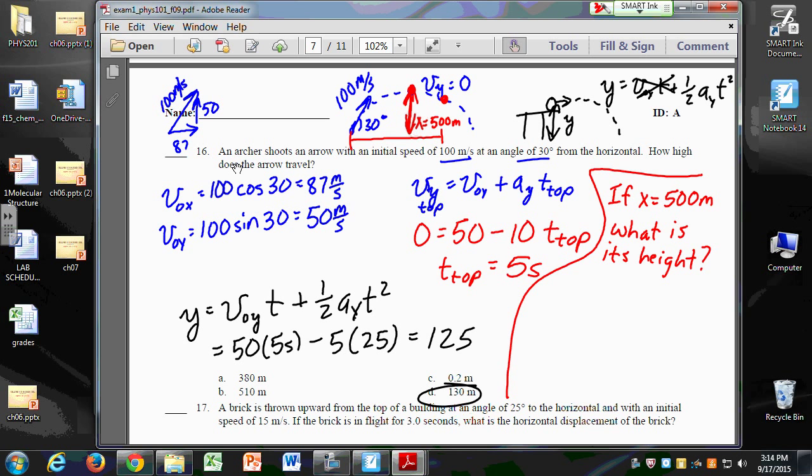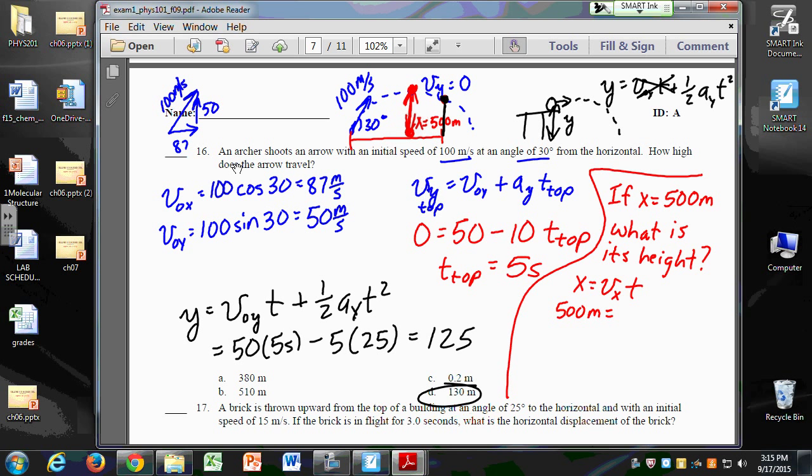And this is a case where you'd use the x information to find the time. So I would just say x is equal to vx t. I have everything there. It's just going to be 500 meters, because that's the location that I want to know. Right here, I want to know what is the y height at this point. So I want to know the time at that point, which is 500 meters from the original position.